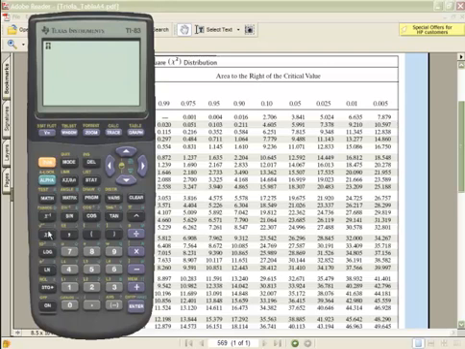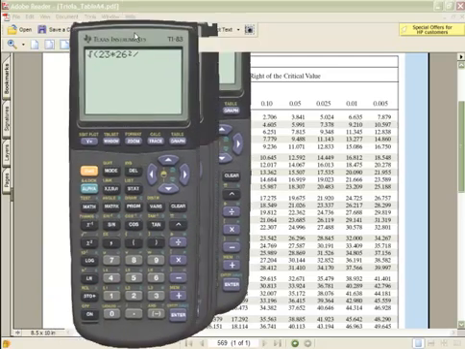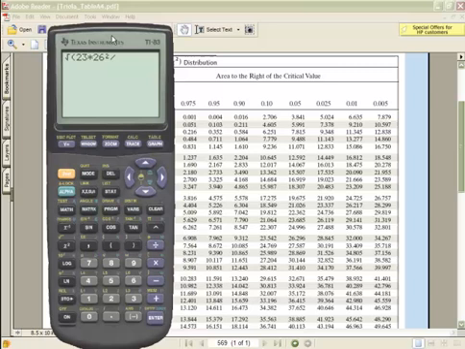It takes a square root, so we can do all this in one step. 23, or 24 minus 1, times the standard deviation squared, so that's 26 squared, divided by, on the left side first, 38.076, and then close the parentheses.